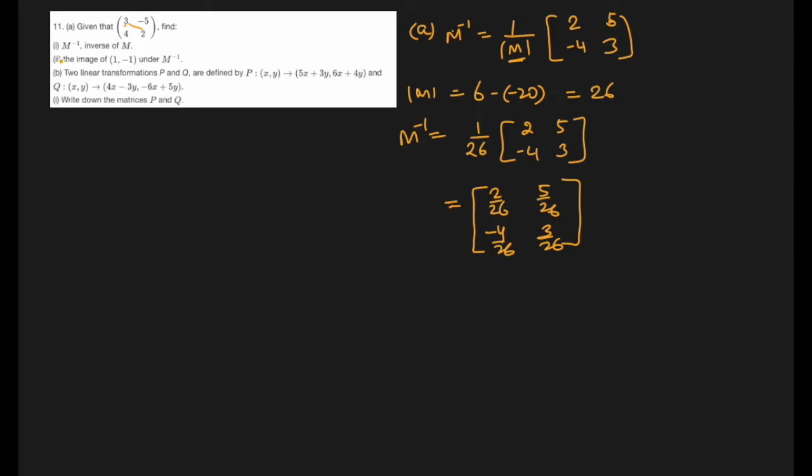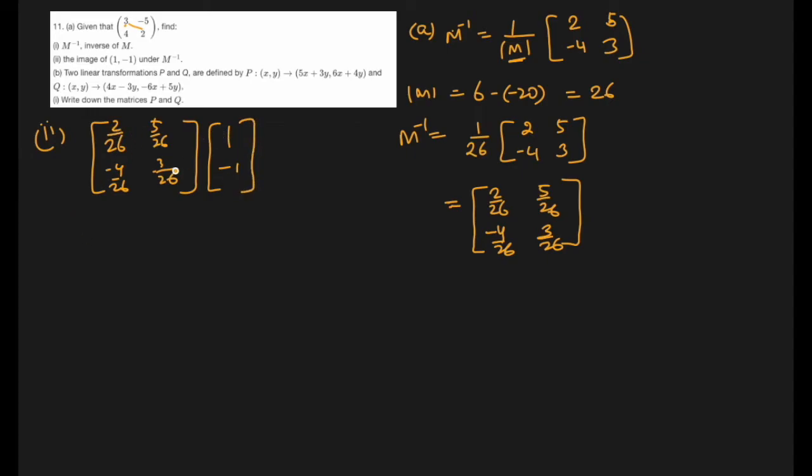Alright, that's the A part. Number 2 part, the image of (1, minus 1) under this matrix. So 2 over 26, negative 4 over 26, 5 over 26, and 3 over 26. And the point is (1, minus 1). We'll write it like this.